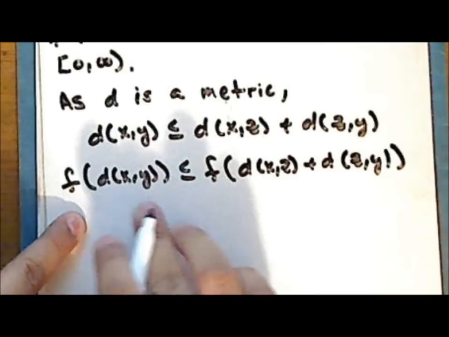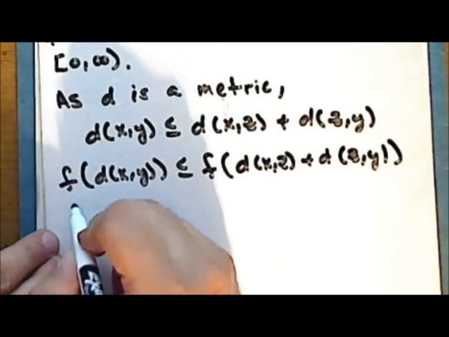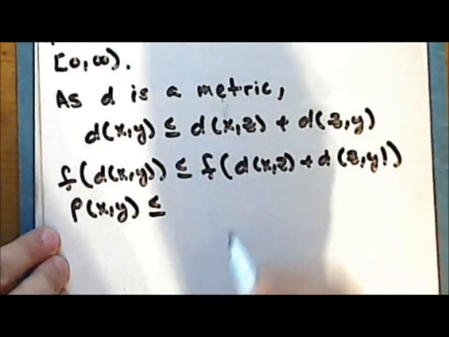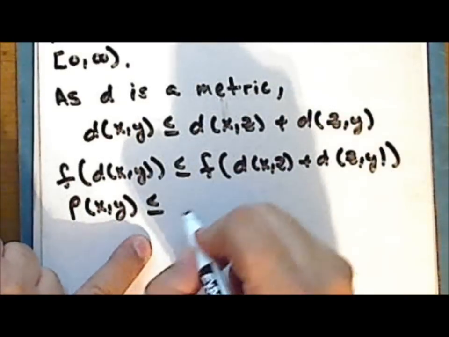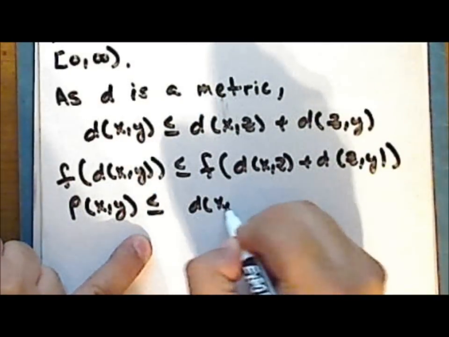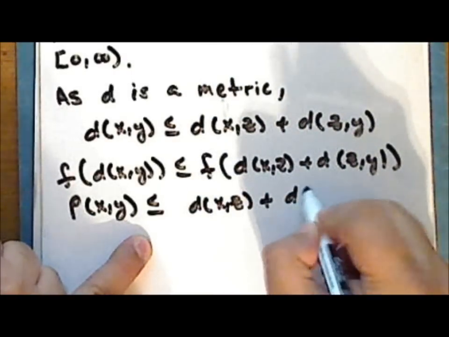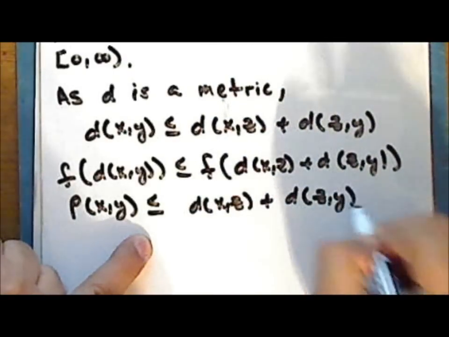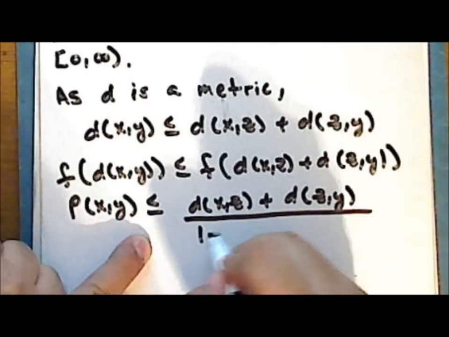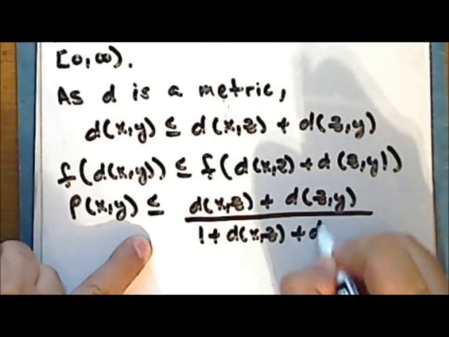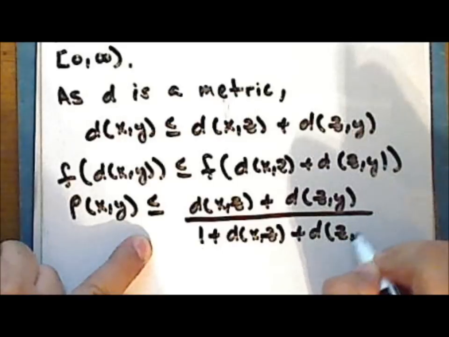Now f of d of xy is the function rho, which is less than or equal to d of xz plus d of zy, all over 1 plus d of xz plus d of zy.